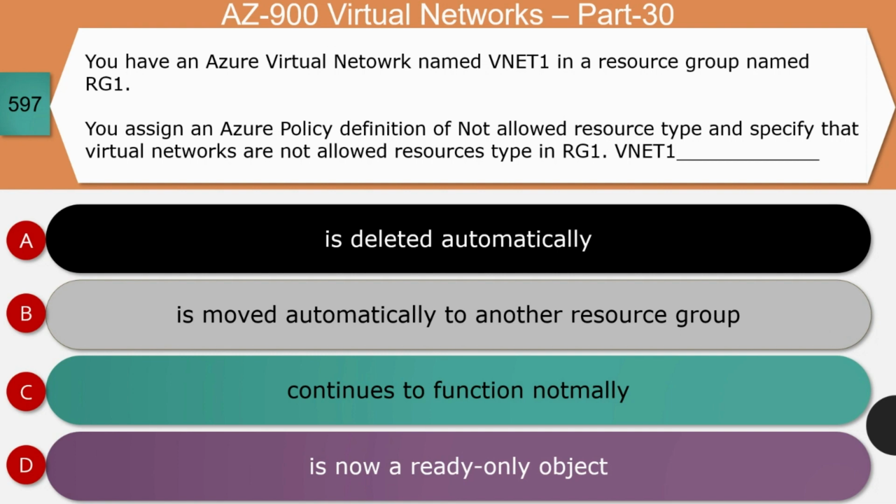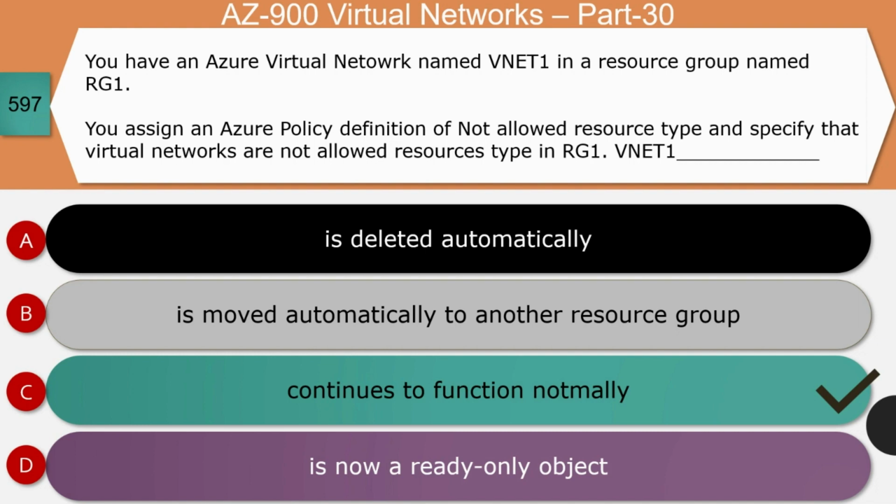Between these, the option that it is moved automatically to another resource group is not at all possible. Option A, deleted automatically, is also not possible. Between options C and D, we need to select one. Since the virtual network VNet1 is already there as part of resource group RG1, the policy will apply to new creations, whereas the old one continues to function normally.